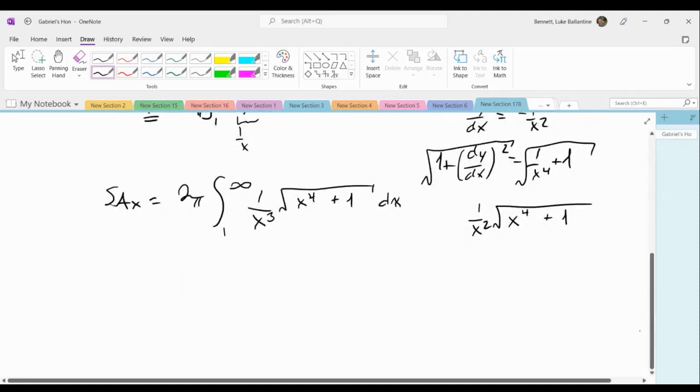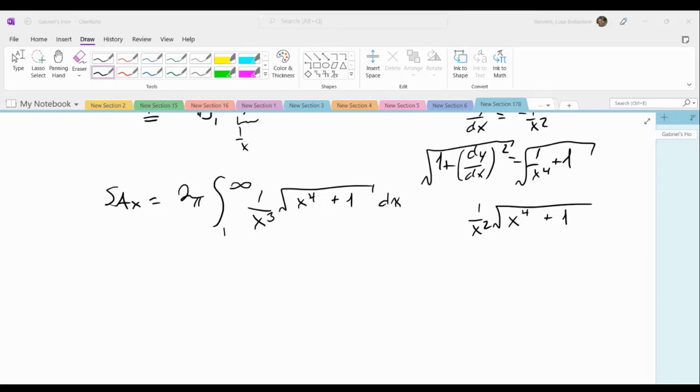And so to integrate this, does anyone have any suggestions?